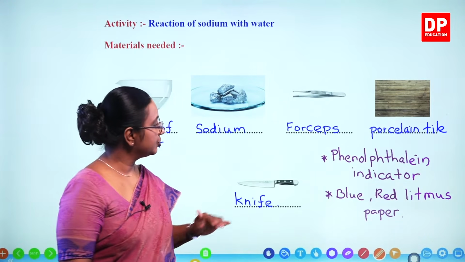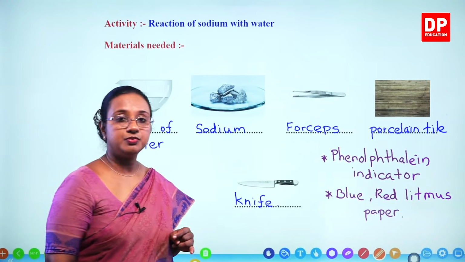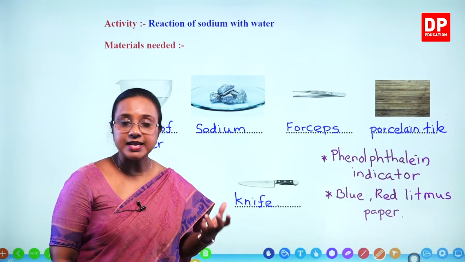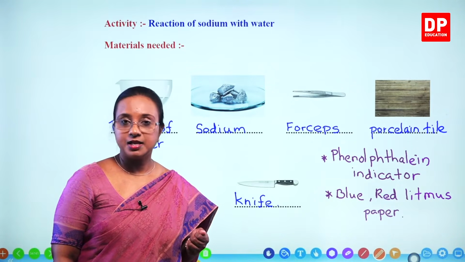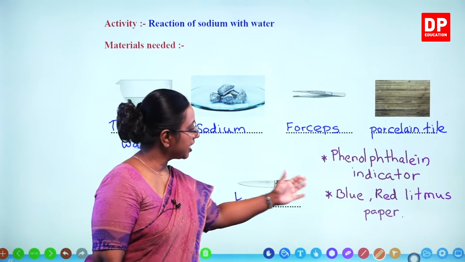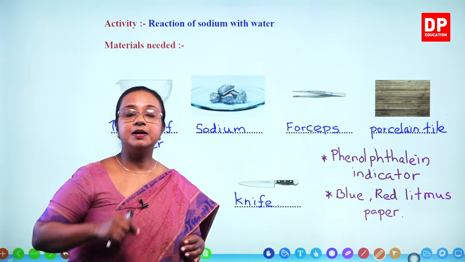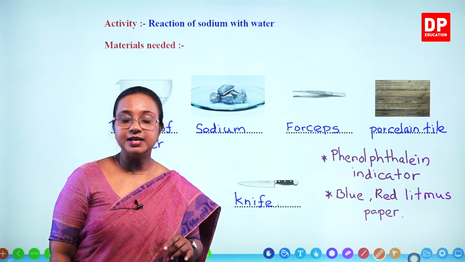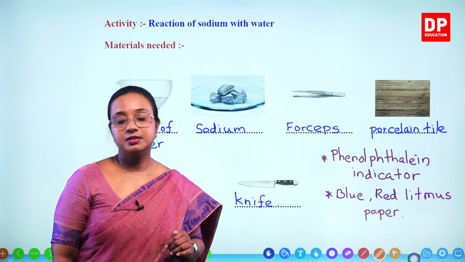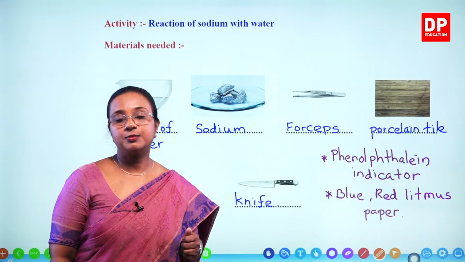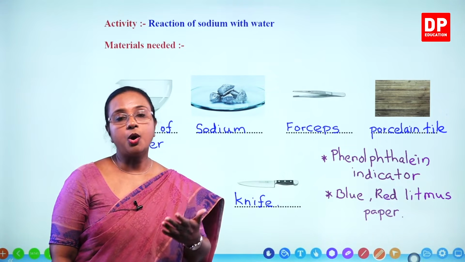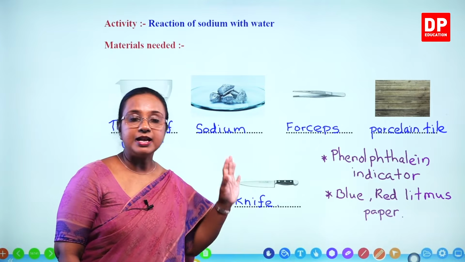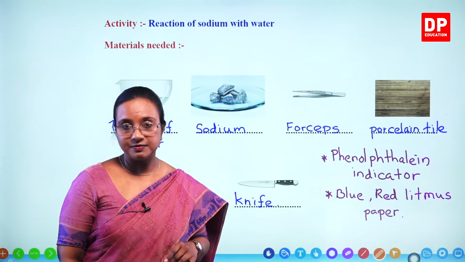Then to that solution, we can add a few drops of phenolphthalein and see whether there is a color change. At the same time, we can dip a strip of blue litmus and a strip of red litmus into the solution and check whether it is acidic or basic. So that will be the activity.